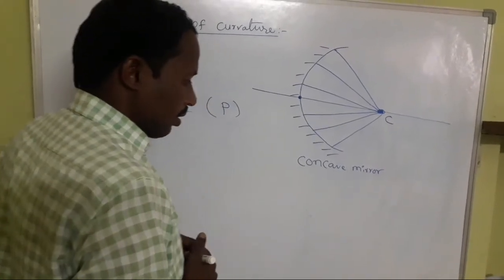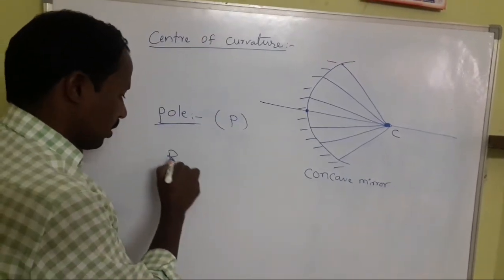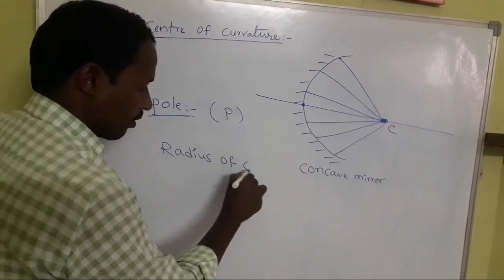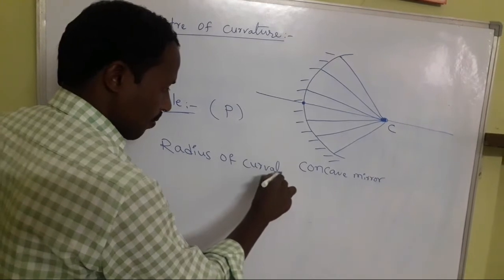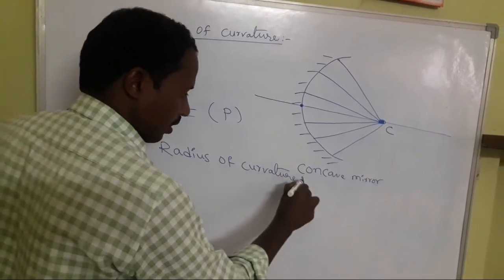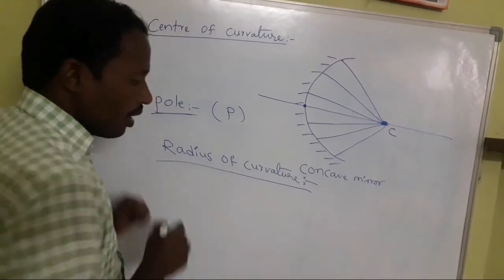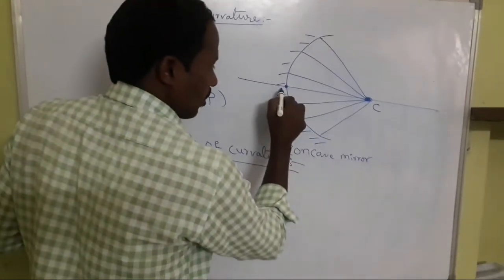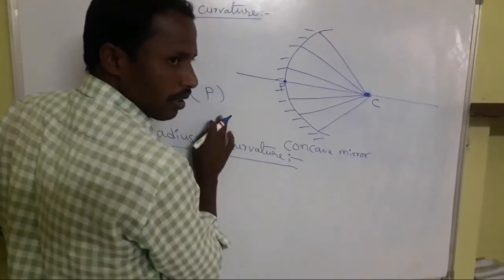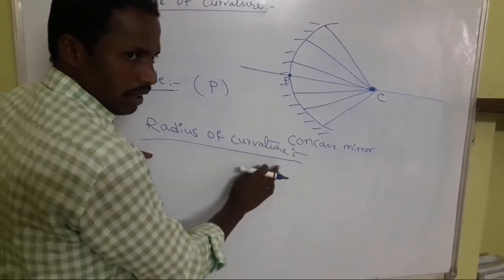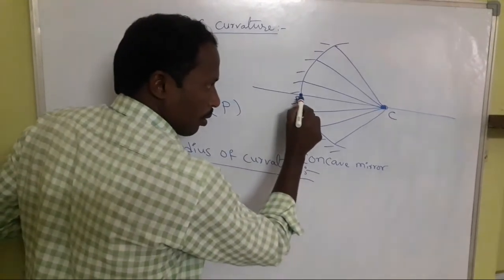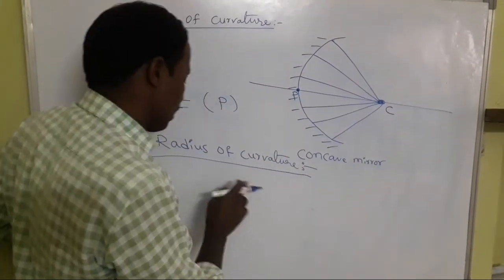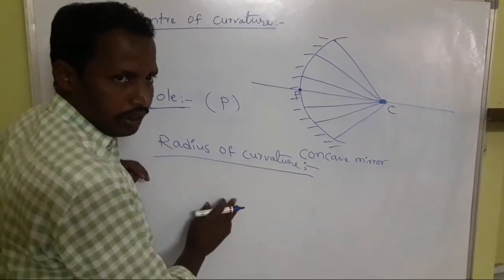Next, the radius of curvature. What is the radius of curvature? The distance between the pole and the center of curvature is known as the radius of curvature.